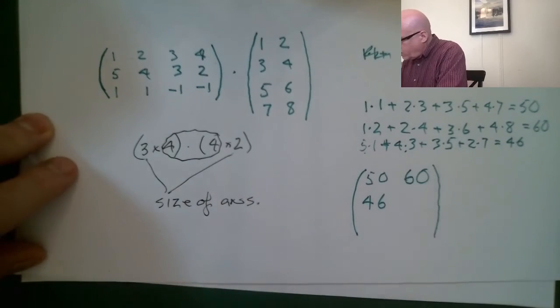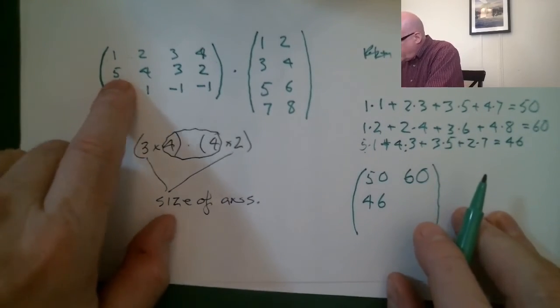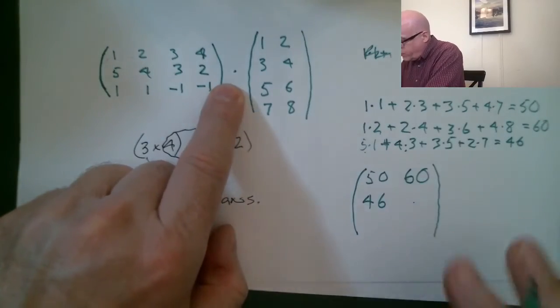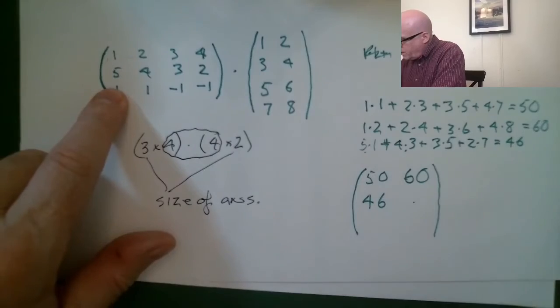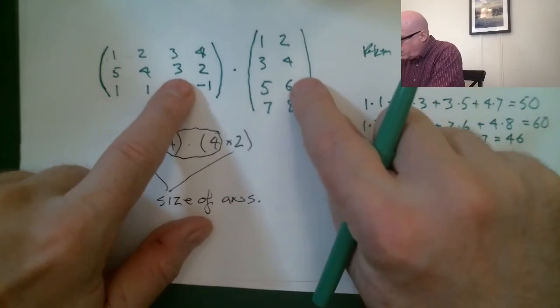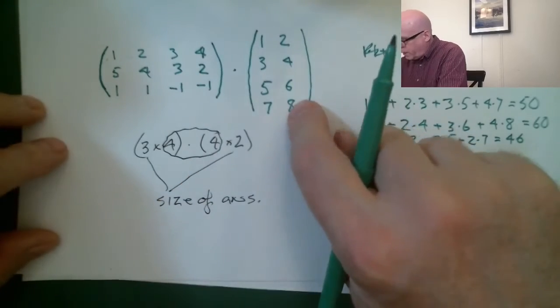I got more scrap work to do. Let's see, we need the second row with the second column, and that'll get us our 2-2 entry of the answer. It's 5 times 2, 4 times 4, 3 times 6, 2 times 8.